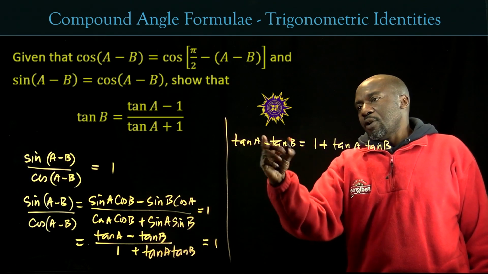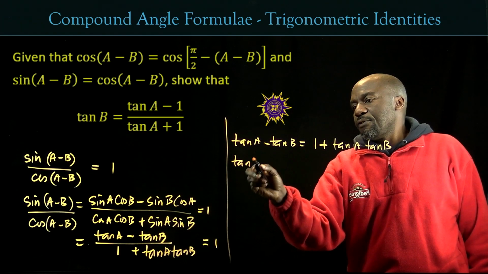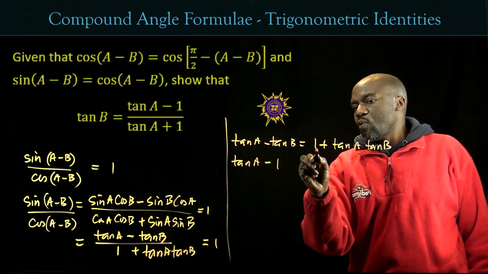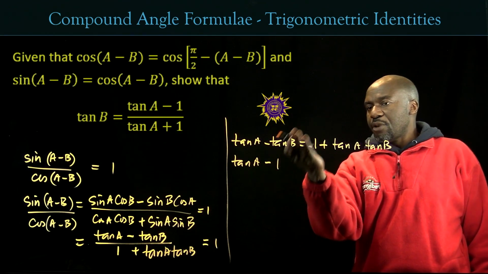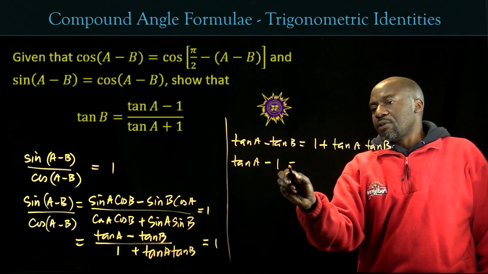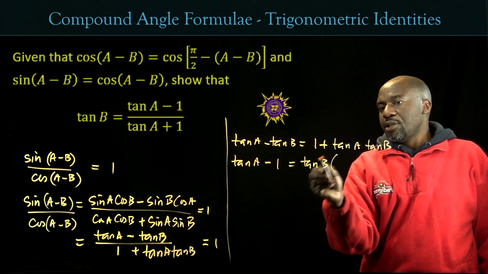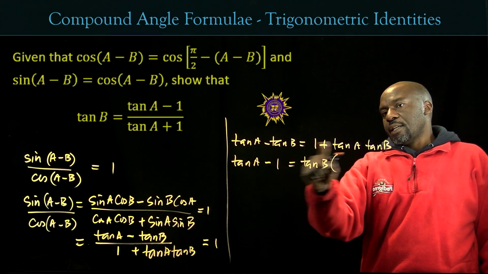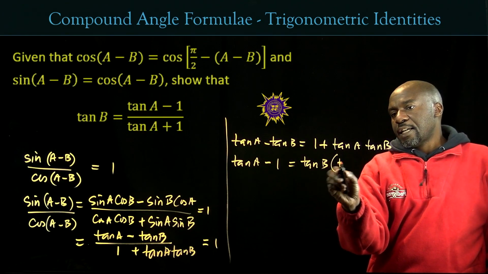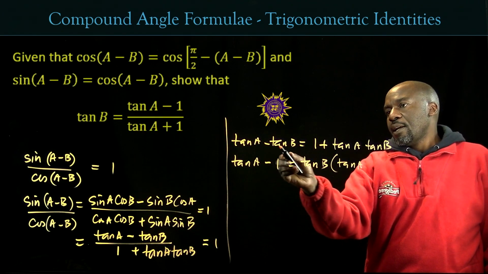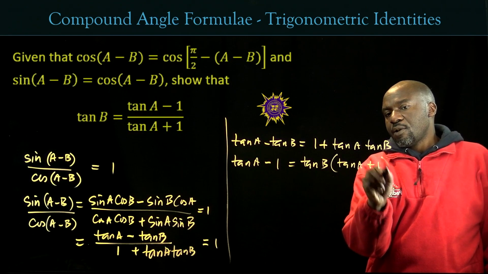I'm going to put this on the other side, and I'll write tan of A minus 1. So this 1 goes to the other side, and I bring B to this side and factorize it out, and I'll have tan of B times the bracket, tan A plus 1.